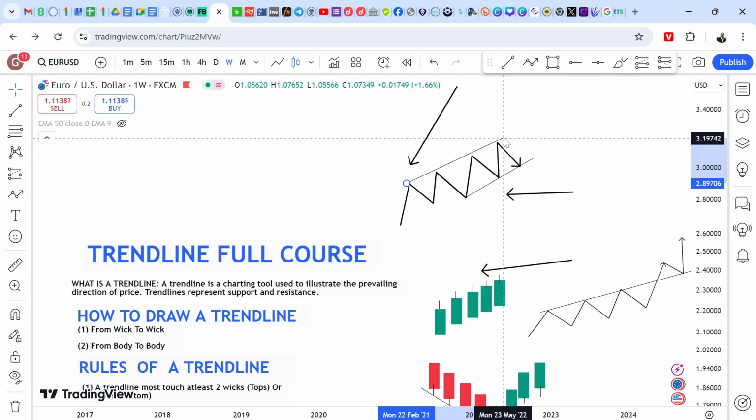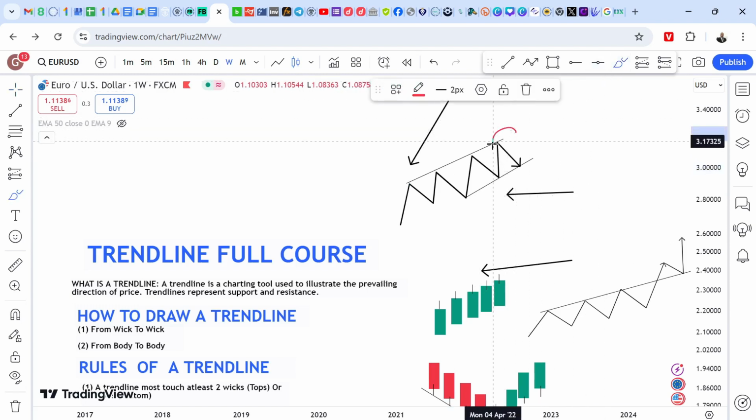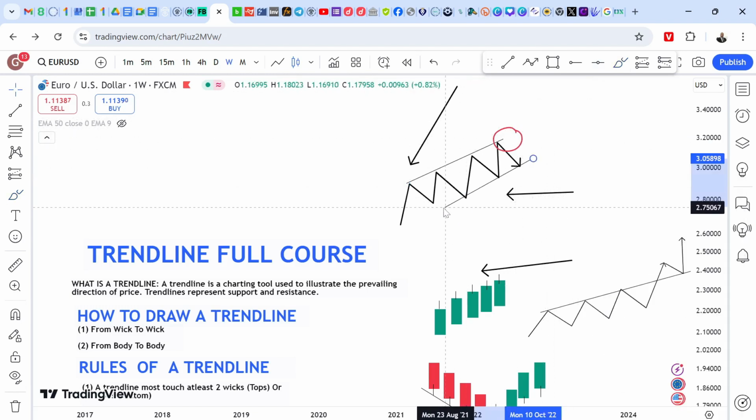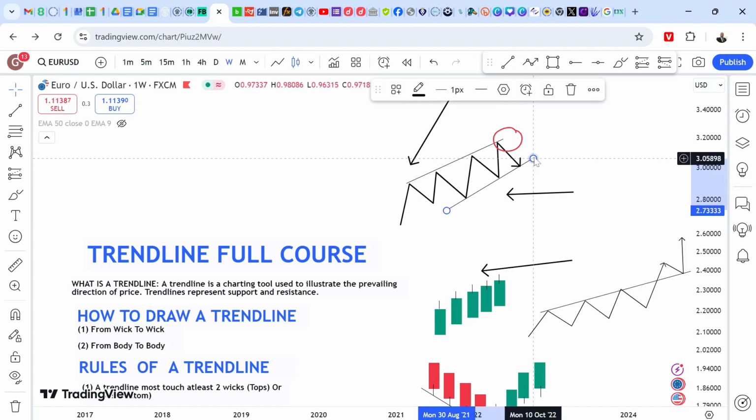If I bring it here, it is 3.18531, right? So now I'm on the current market price here, letting me know that my trend line is valid. Did you see that? I must make sure that my trend line is showing the current market price.